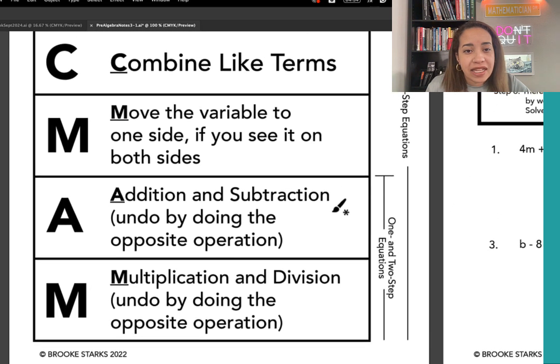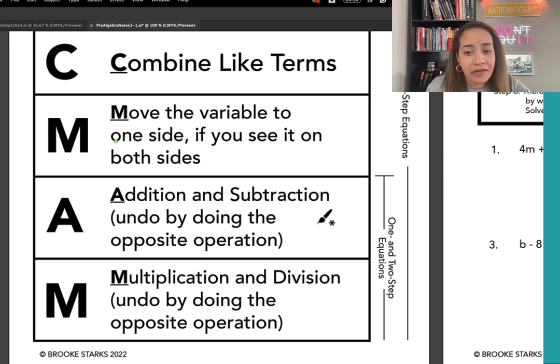The M stands for move the variable. We will practice those. Those will be problems that have variables on both sides of the equal sign. We'll, of course, discuss these steps as we see all of the different types of problems. But one thing to know is that these last two steps are steps that you are already familiar with.